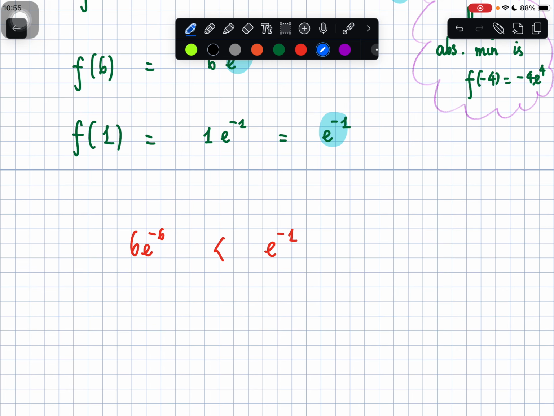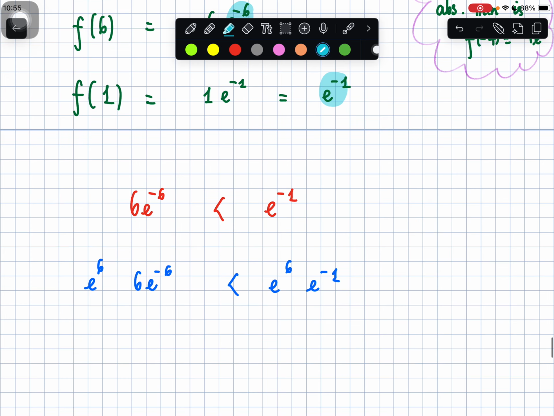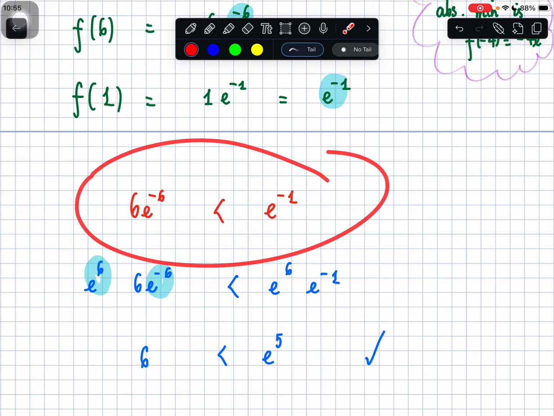I multiply both sides by e to the 6. On the left, e to the 6 times 6 e to the minus 6 gives 6. On the right, e to the 6 times e to the minus 1 gives e to the 5. So 6 is less than e to the 5, which is true. And therefore the original inequality is true.